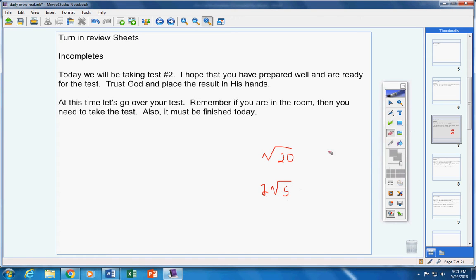Okay, so make sure your radicals are reduced as far as possible on all of your answers on the entire test. And also, if you have something with the square root in the denominator, make sure you rationalize that and get rid of that square root in the denominator, okay? And that goes for the entire test, not just number 1, but the entire test.